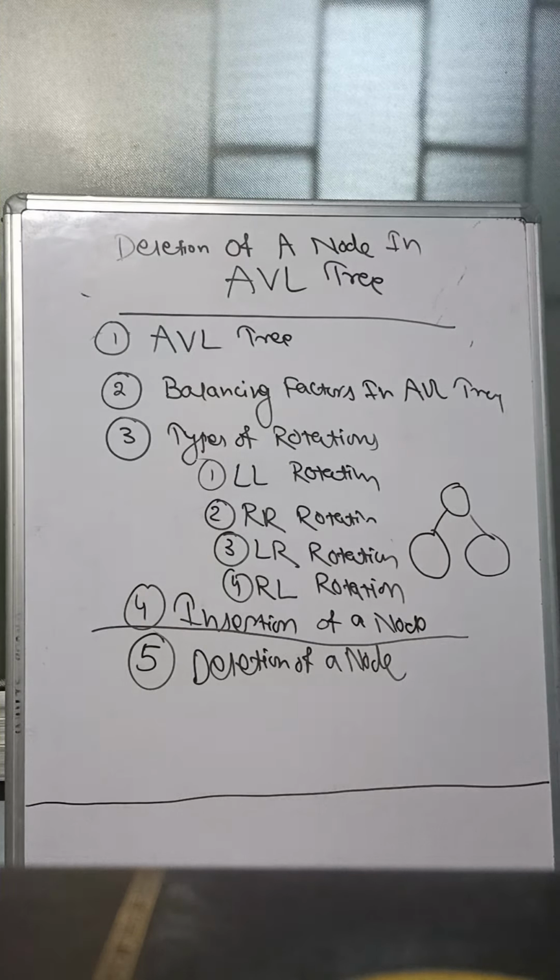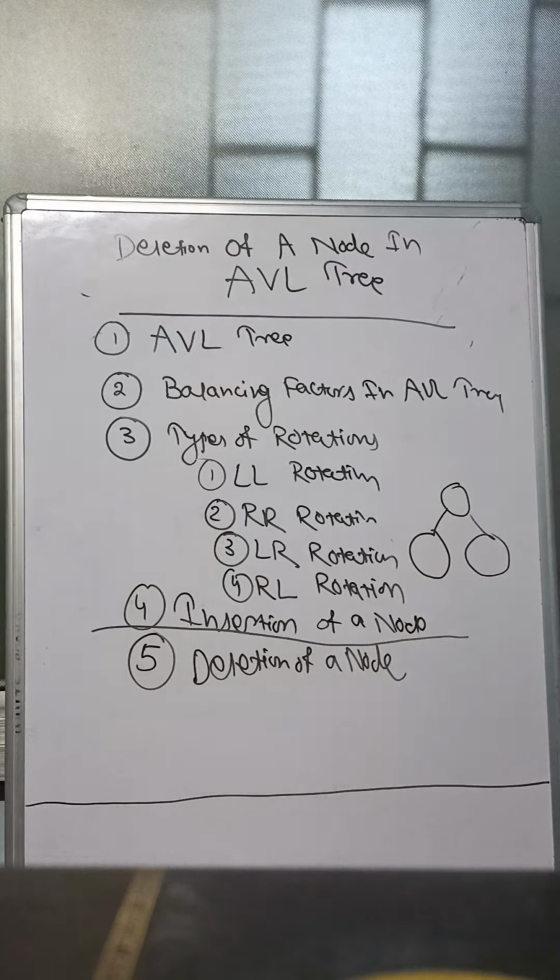Before going to teach this, you must know that if this is a node, suppose node L, then which part is the left side of the node and which part is the right side. This is the left side of the node and this is the right side. If I have to do the left rotation, I have to go for the clockwise rotation.